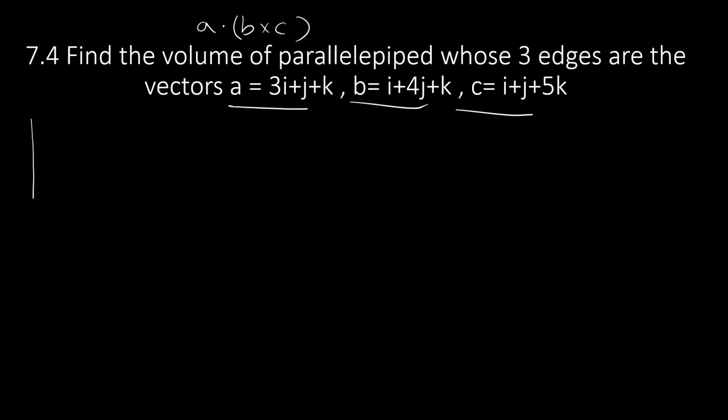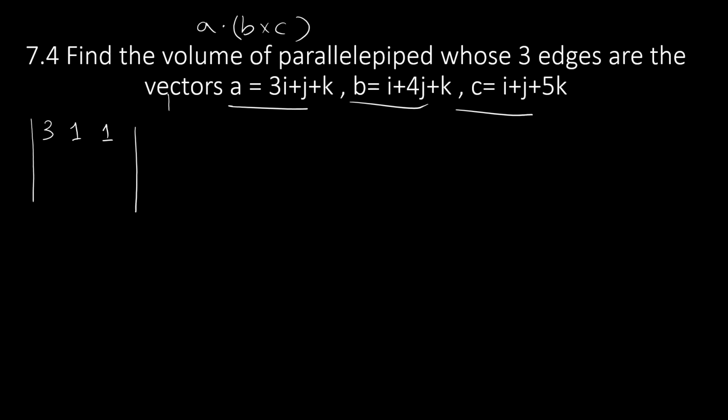Okay, 3, 1, 1. In the first column my vector A goes, and then vector B and vector C. Make sure to write these in order: in the first column vector A, in the second vector B, and in the third the vector C. Otherwise you will not get the right answer if you don't put them in order.